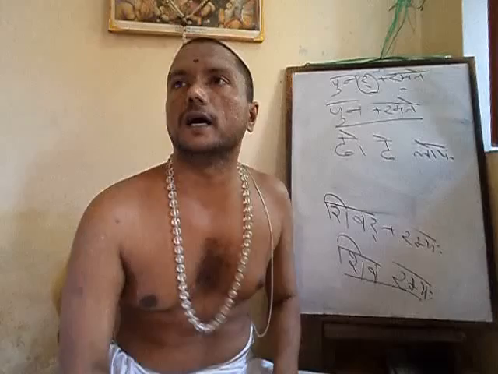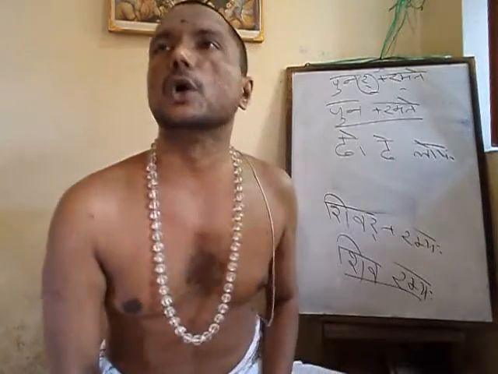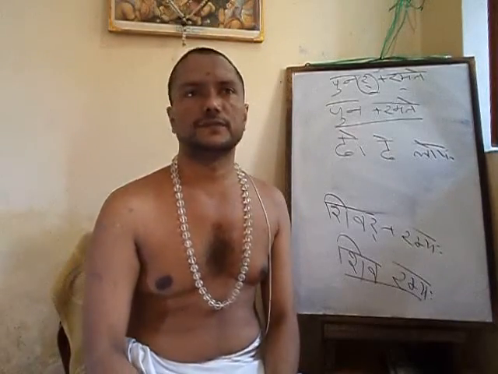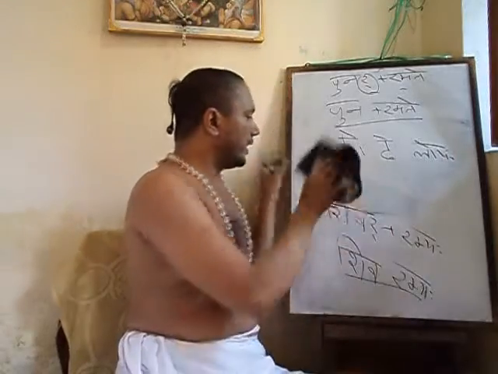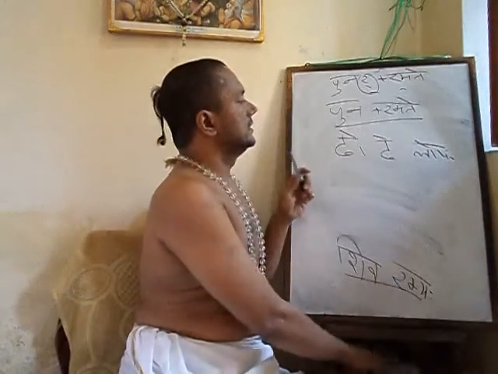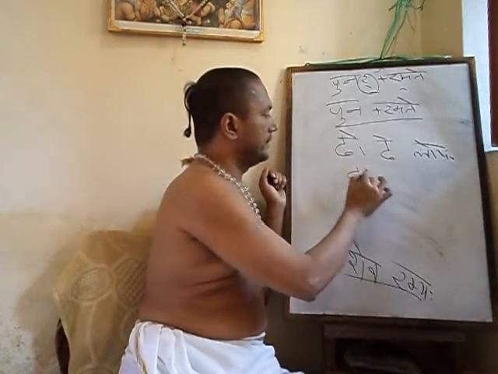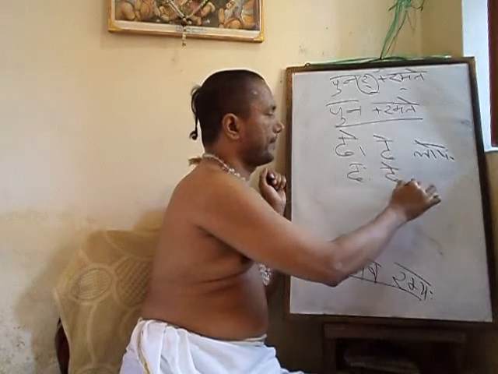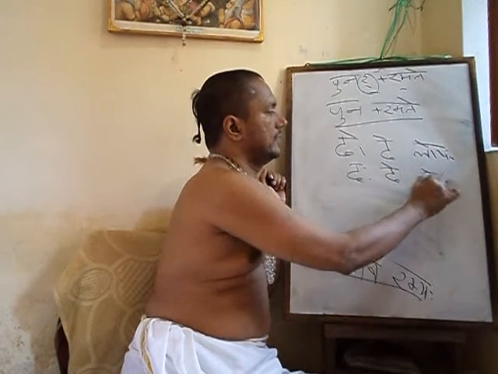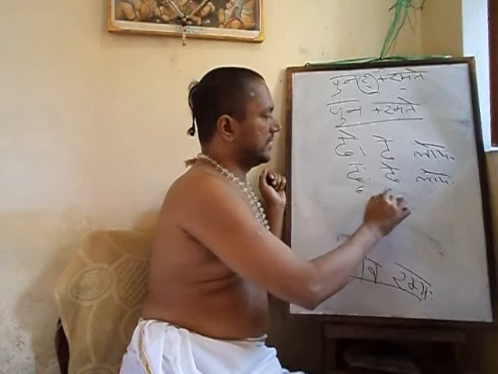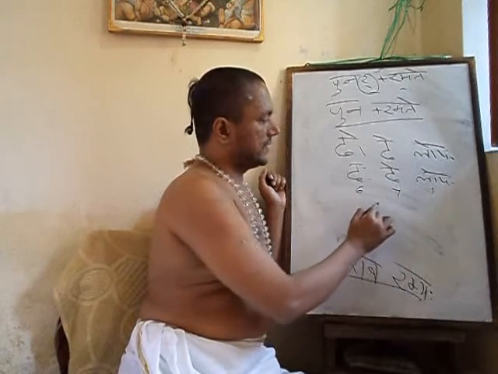Dhodhe Lopaha. Like Rori, this also says Daha De Lopaha. Means 6th case, 7th case, 1st case.